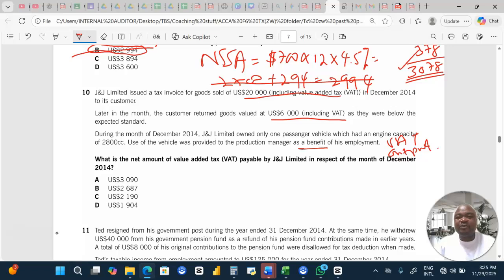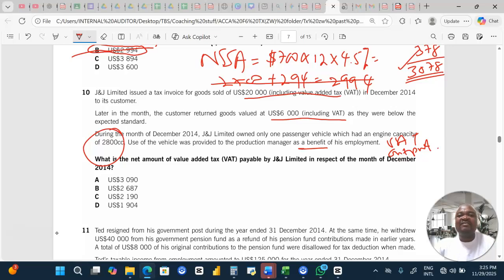So how many outputs do we have? We have the output tax on the sale of goods less the sales returns, and the VAT output. But the VAT output is based on the deemed cost of the benefit, and we are going to get this from the table of benefits.